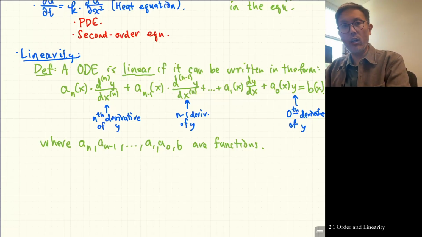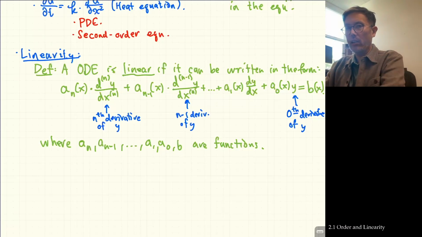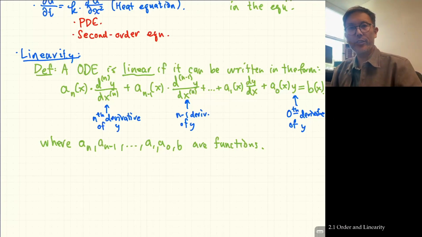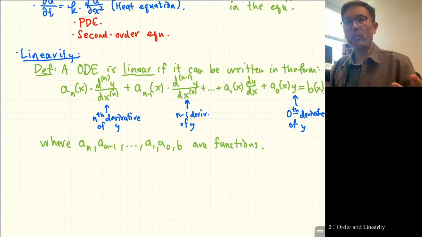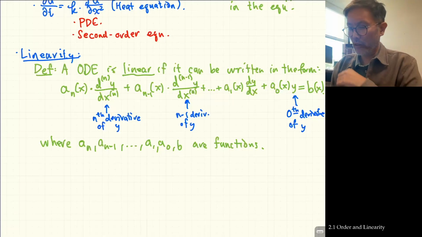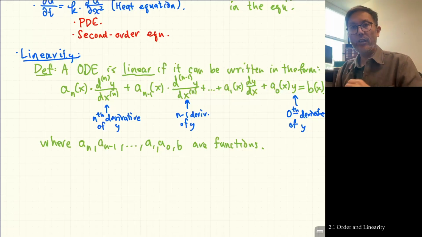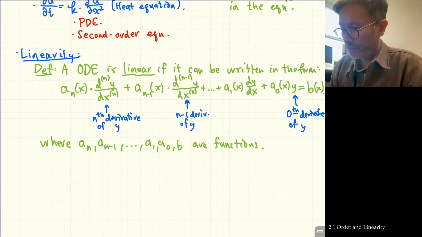And it turns out that ordinary differential equations which have this particular form are called linear. Okay, so this is the abstract definition. It's hard to look at. So let's do some very concrete examples of this, of both linear differential equations, but also nonlinear ones.